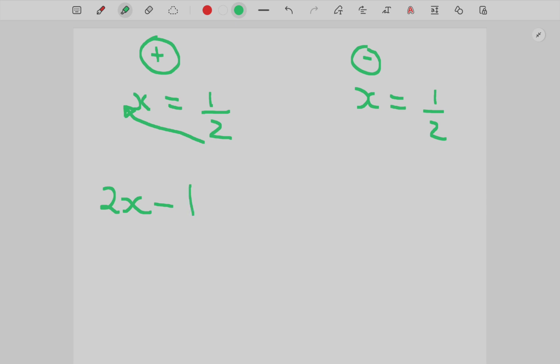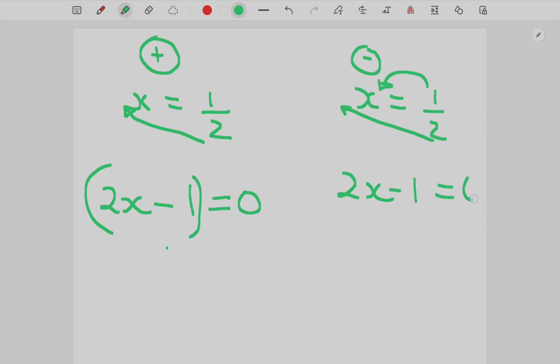So you've got 2x minus 1 is equal to 0. So this is your bracket. And then for this side again we're going to do the same thing. 2 times x gives you 2x. Then this one was positive on this side, and if you move it to this side it becomes negative 1 is equal to 0. So you've got the same brackets.